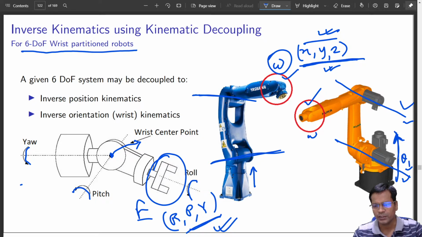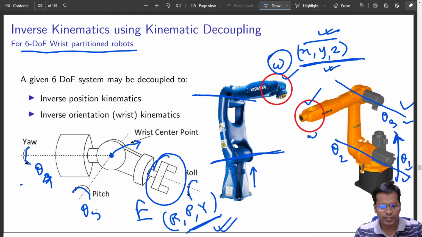First joint theta 1, second joint theta 2, third joint theta 3, and then you have another 3 axes, theta 4, theta 5, theta 6. The last 3 simply control the orientation. The first 3 control the position. XYZ is given, roll, pitch, yaw is given. You have to find theta 1 to theta 6. So you understood the problem now.